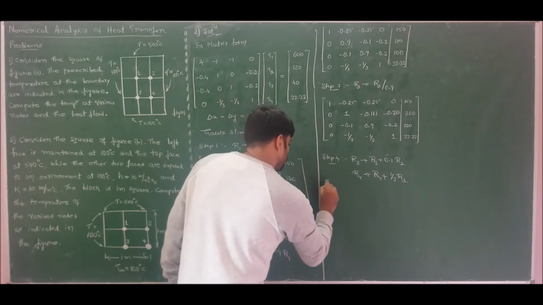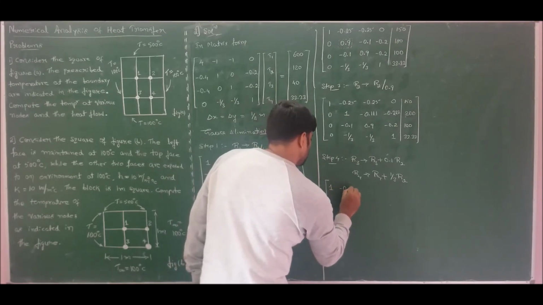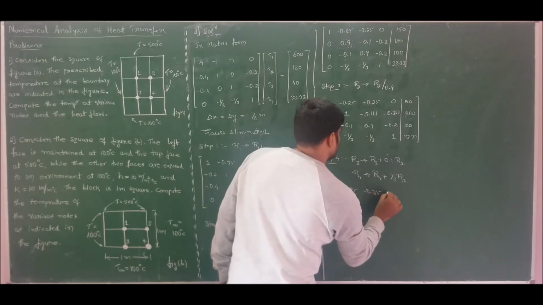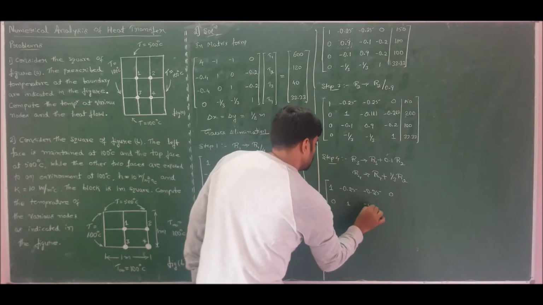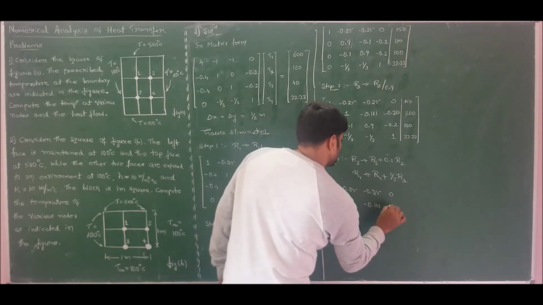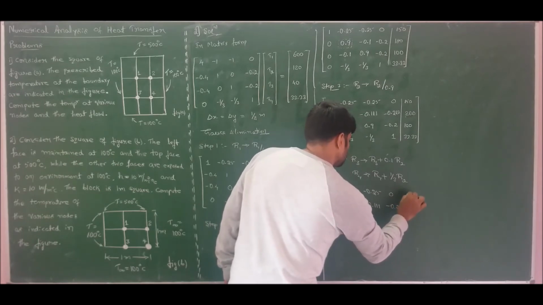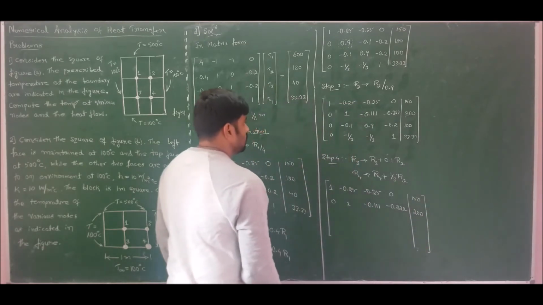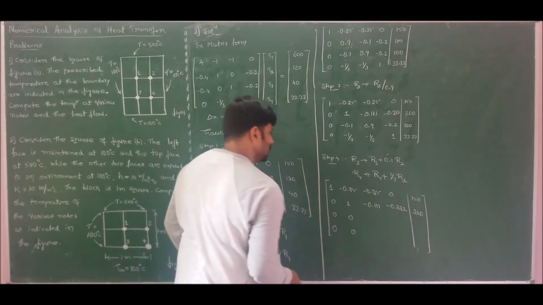So therefore, from Gauss elimination method, I get the answer as 1 minus 0.25 minus 0.25, 0, 0, 1 minus 0.111 minus 0.222. We have 150, 200. So we get 0 and 0 here, 0 and 0 here.